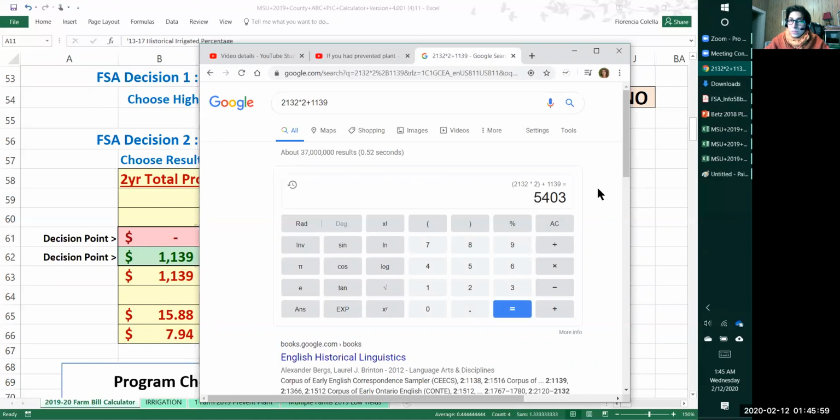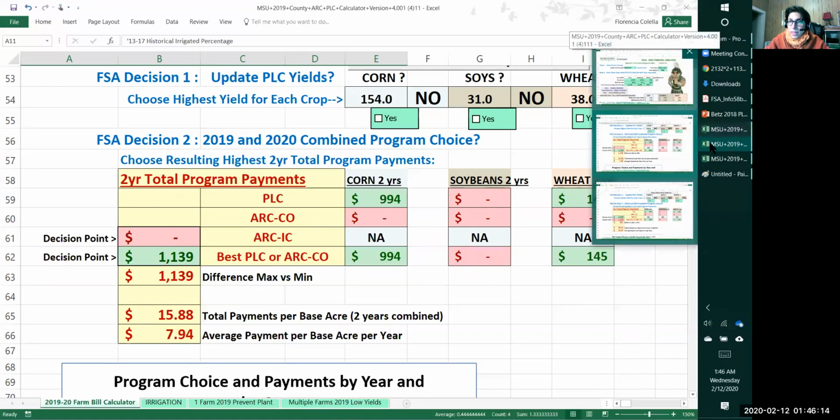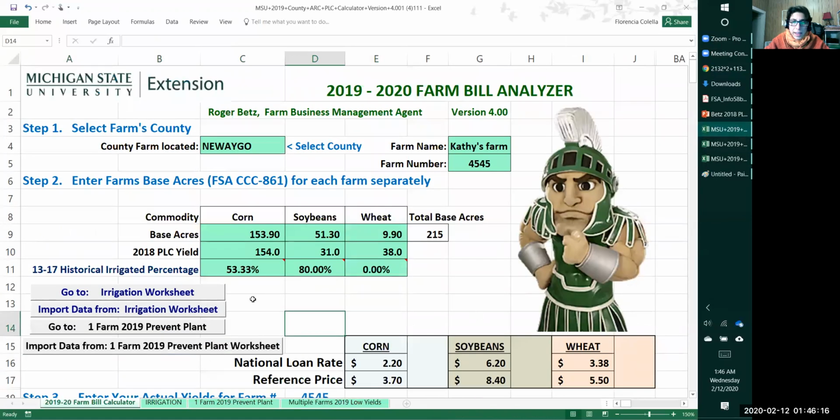It's not bad at all, but there's another thing you can do, and that is use this fourth sheet. And I'm going to show you what that does on this third file I have here.